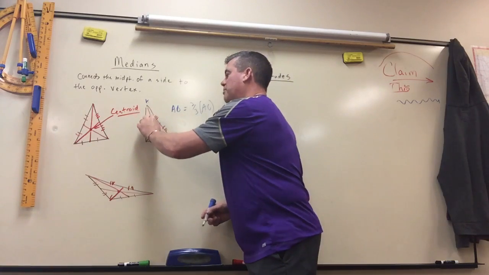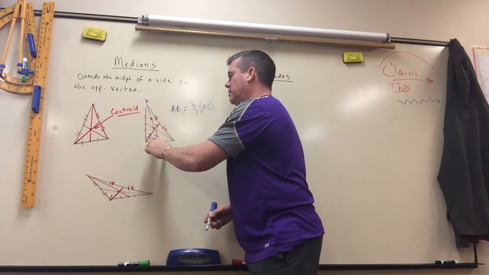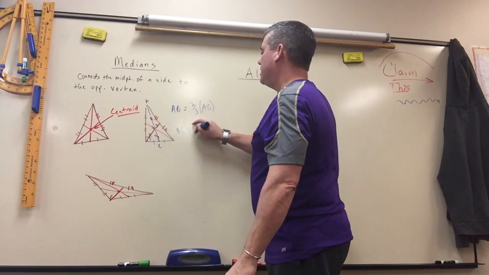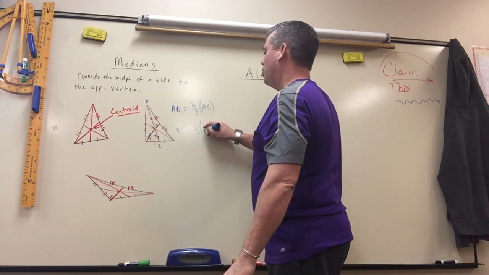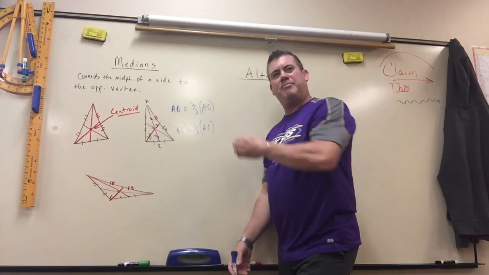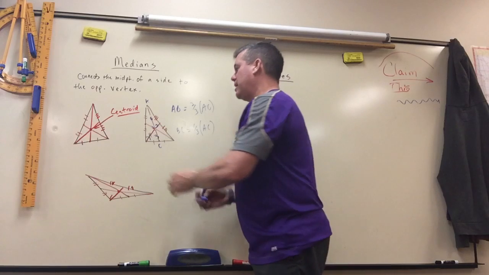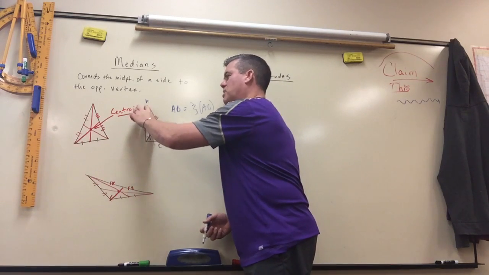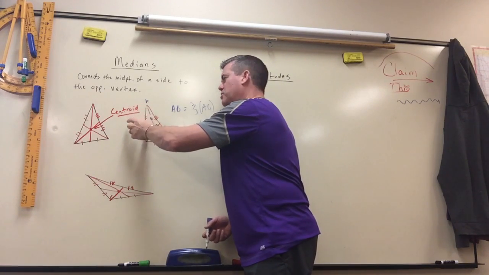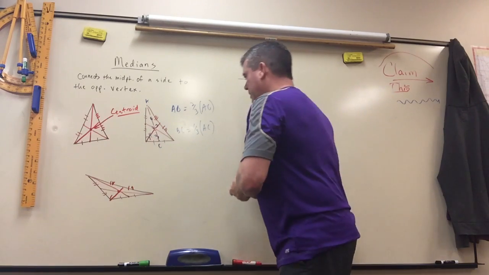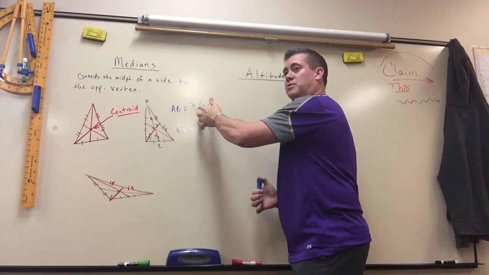So there's 2 segments out of the 3 that are the whole thing. The shorter one, BC, is 1/3 of the whole thing. That's the complicated way to think of it. It's just easier to remember that the short piece is always half as long as the bigger piece, or vice versa. The bigger piece is twice as long as the short piece. This is what the book will show you.